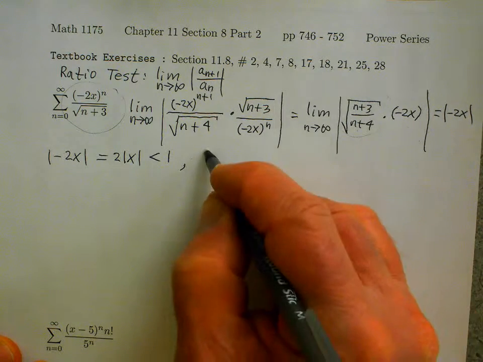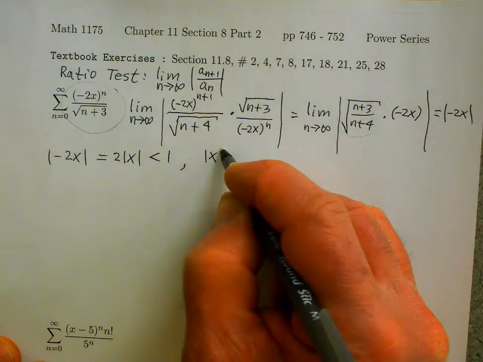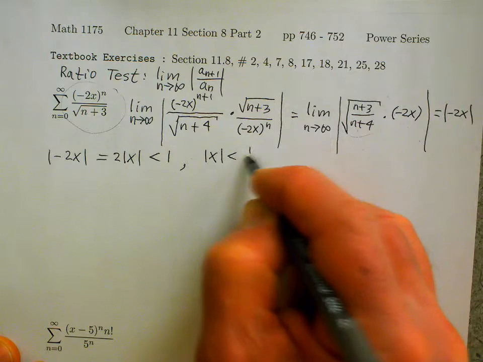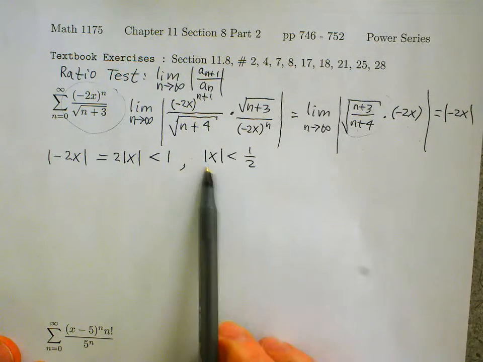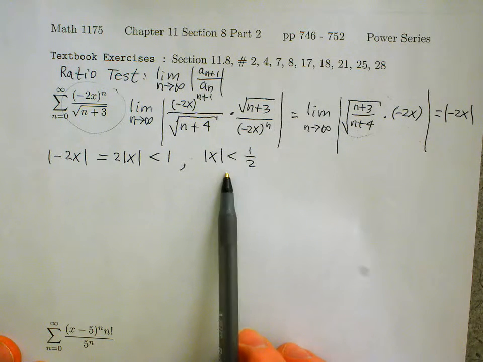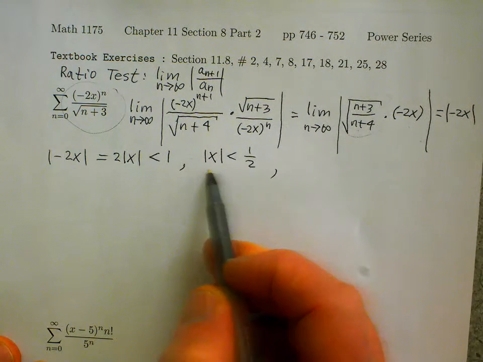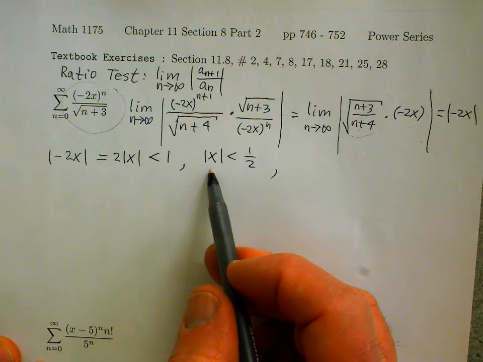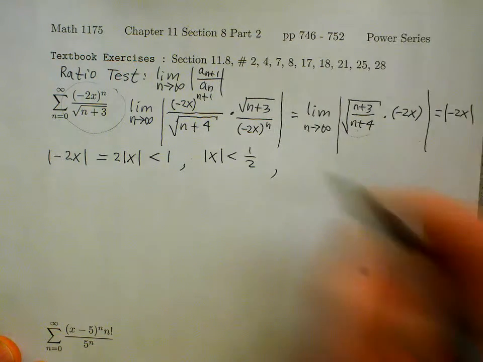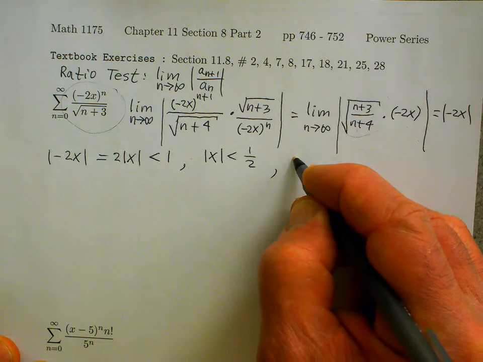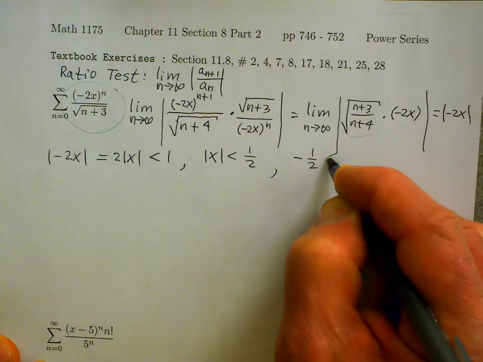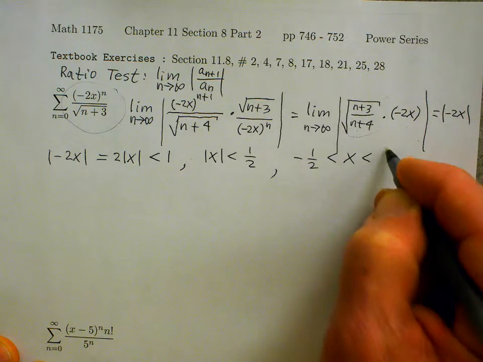So this simplifies to the absolute value of x is less than 1/2. And then to solve this absolute value inequality, we remove the absolute value symbols, and the absolute value of x less than 1/2 is equivalent to negative 1/2 less than x, which is less than 1/2.